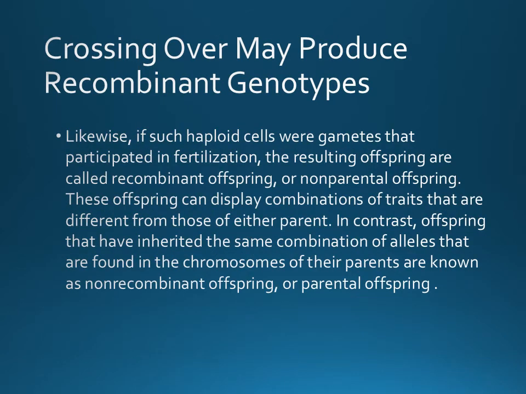और likewise if such haploid cells were gametes they participate in fertilization, the resulting offsprings are called recombinant offsprings और नॉन पेरेंटल ऑफस्प्रिंग। जैसे कि नॉर्मली हम देखते हैं when we see the dihybrid cross in law of independent assortment, we have seen that there are different combinations of offspring which appear in F2 generation, and the formation of these new combinations is due to the crossing over phenomena.